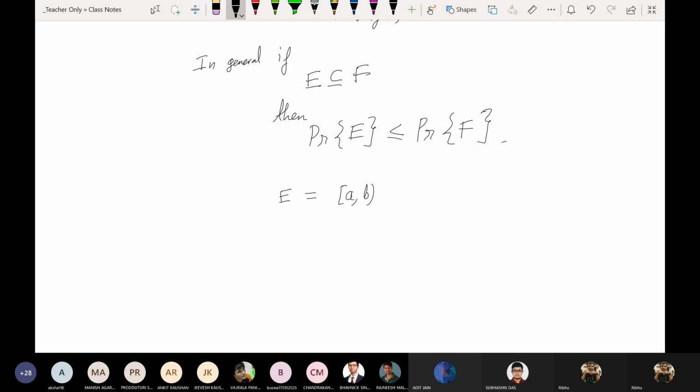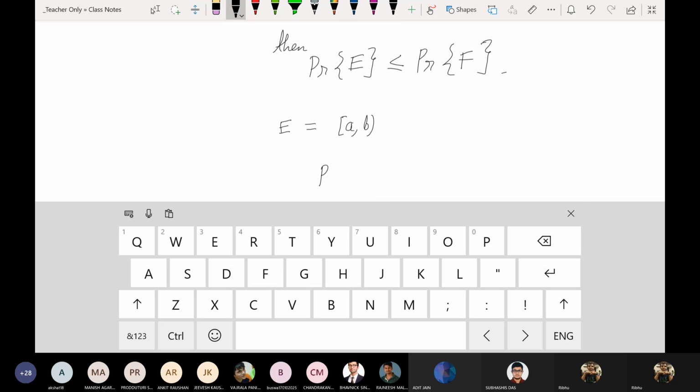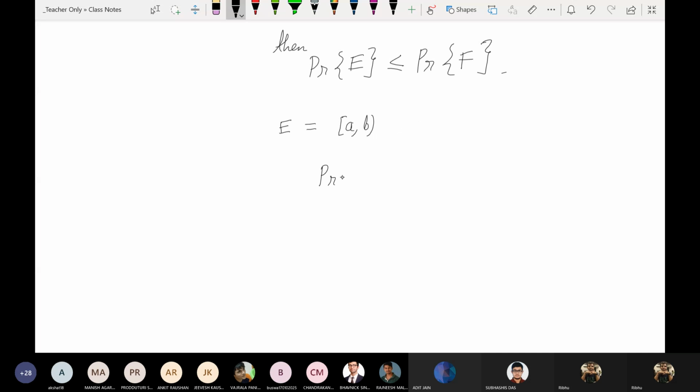Now the integral, probability of E equals the integral from A to B. I'm not talking about omega as of now.